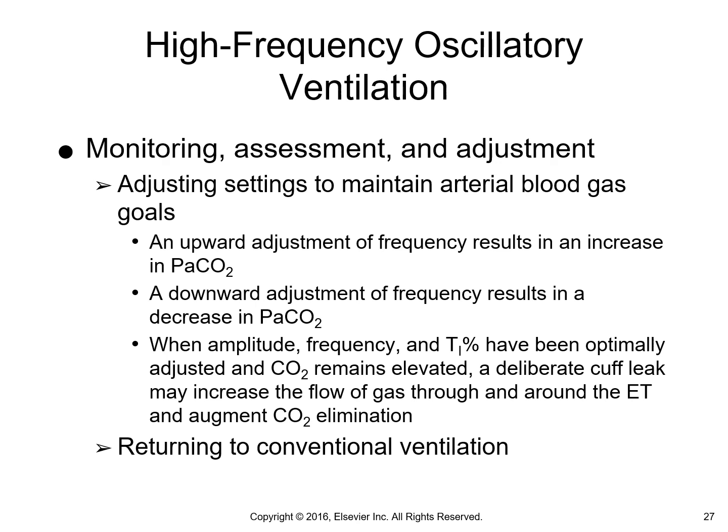Another way to get rid of carbon dioxide is to actually have a small, deliberate cuff leak, okay? So when your amplitude, your frequency, and your inspiratory time percent have been optimally adjusted and you really can't do anything else, and your CO2 is still high, you're going to have a deliberate cuff leak, and that might actually help increase gas flow through and around the ET tube and help eliminate the CO2.